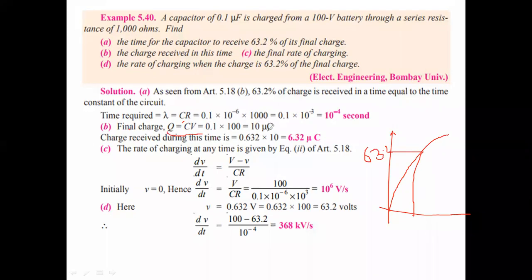So with that you will get Q. At this point it is 63.2% into the total charge of 10. So that gives 0.632 into 10, 6.32 microcoulombs. Charge is represented in coulombs.